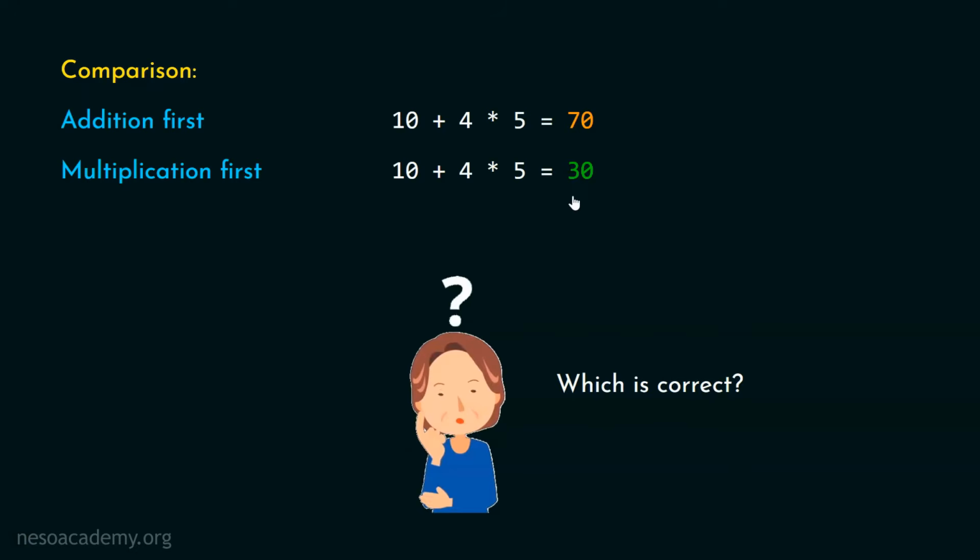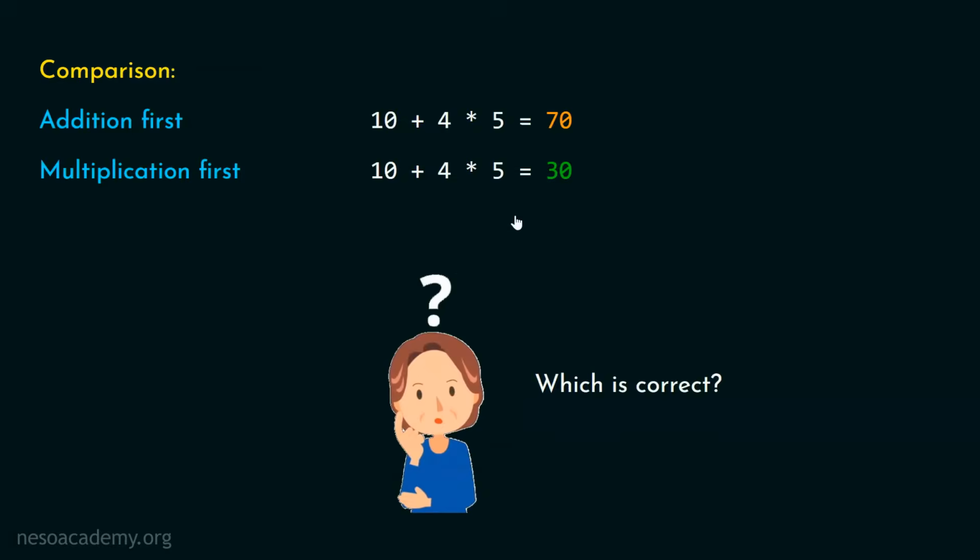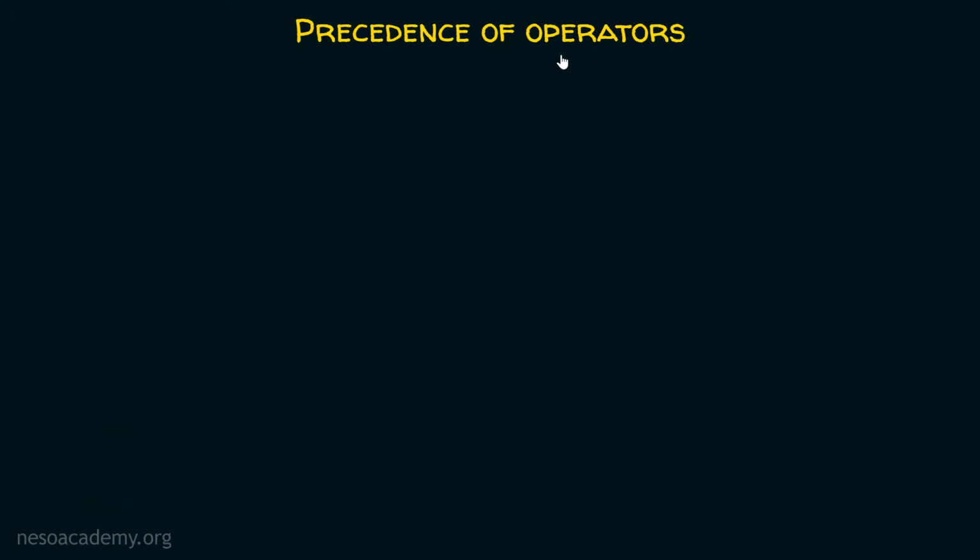Now there must be some rule. There must be something defined that will solve this type of problem, right? To decide this, there is actually a concrete rule which we must follow: precedence of operators. The precedence of all the operators is predefined. When I say precedence, I actually mean priority.